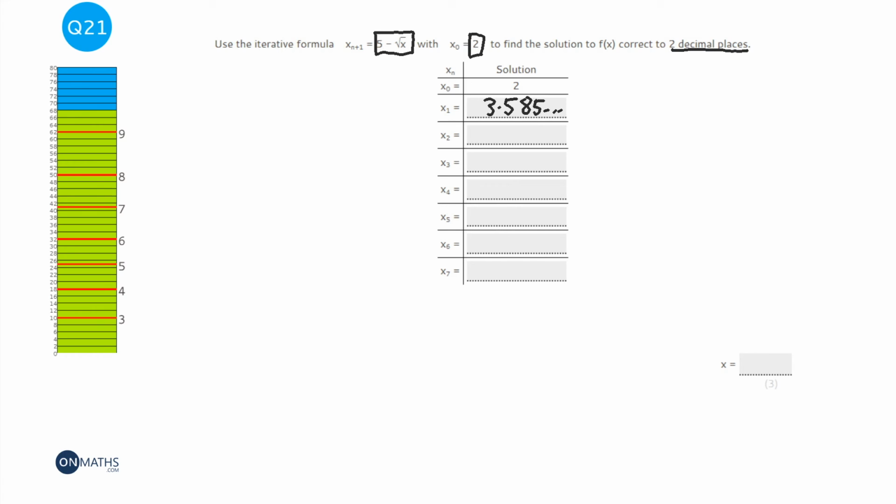So all I need to do now is just press equals, and it gives me 3.1063 blah blah blah.